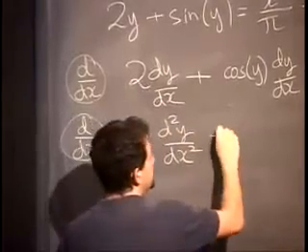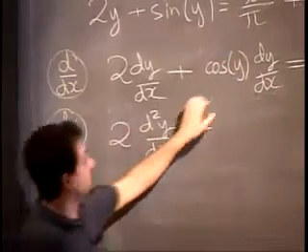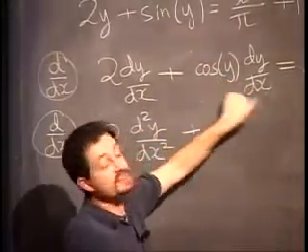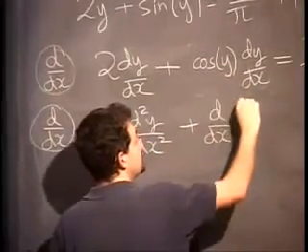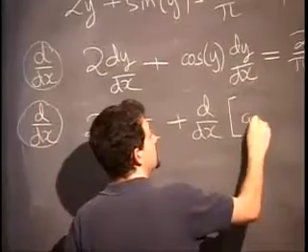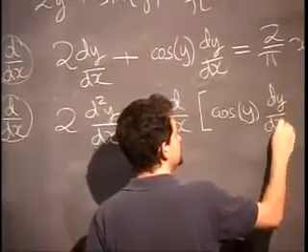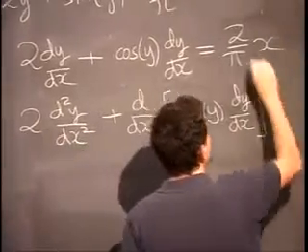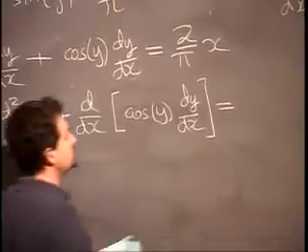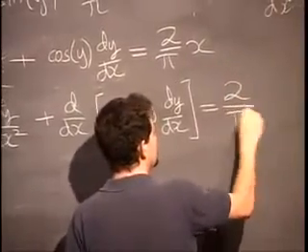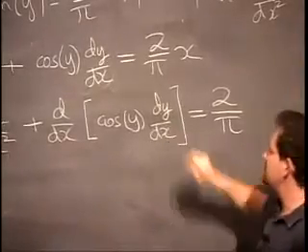We have to be a little careful here. When we differentiate this, we're not just differentiating either of these terms. We're going to have to use the product rule. So in order to understand this, let's just write down the derivative of cosine y times dy dx equals, and the derivative of 2 over pi x is just 2 over pi. Right, so we need to tackle this thing here.